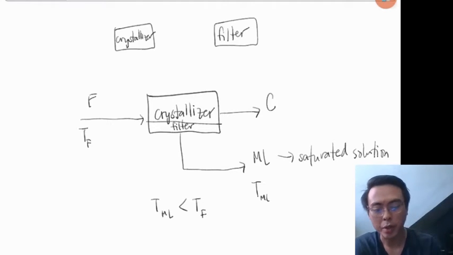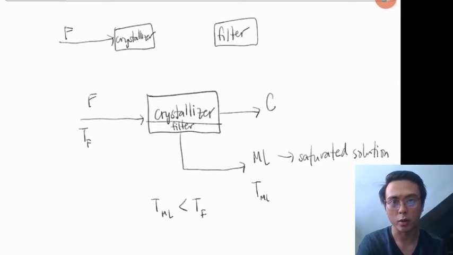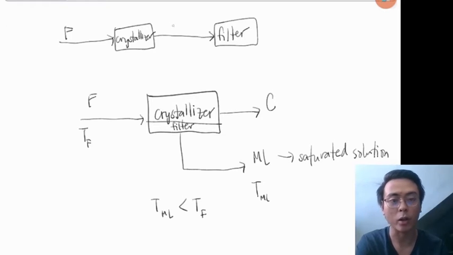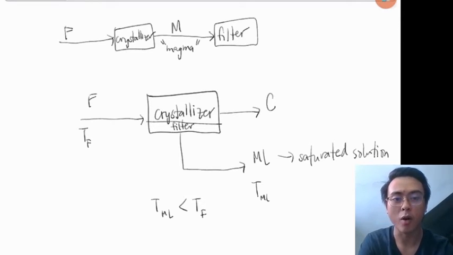What happens is your feed goes into the crystallizer, and you lower the temperature of the feed, and that results in the crystallization of some of the salts. Then the output of the crystallizer is called the magma. We shall call that M. The magma is the combination of the crystals and the saturated solution, or the mother liquor.